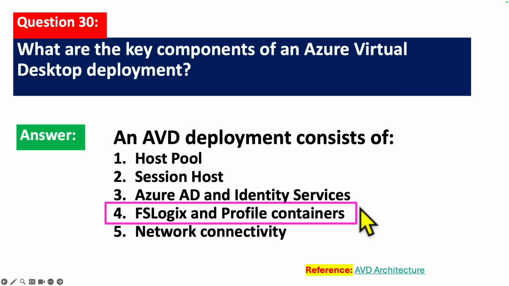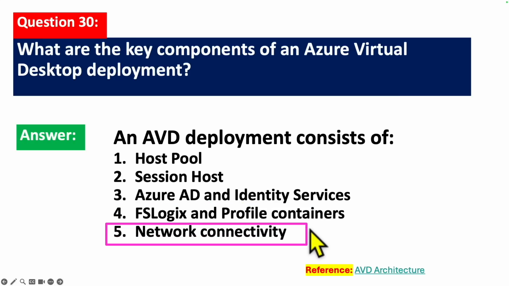When you do that, this will ensure that the users have a consistent and personalized experience, whichever device they use to sign in. And last but not the least is the network connectivity component. You can utilize Azure VPN or any other VPN to integrate with the on-premises environment, ensuring robust and secure connections.